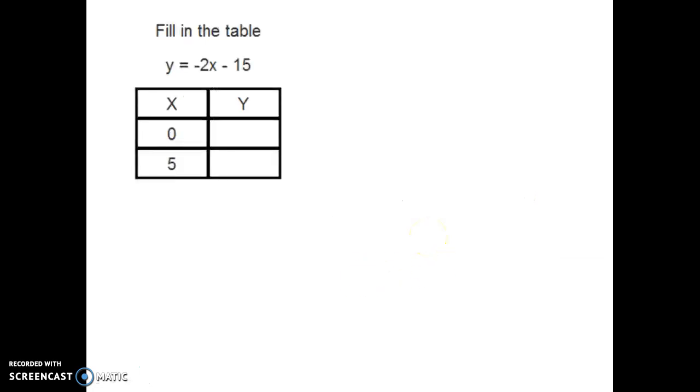Let's look at another example. Here we've been given inputs to use, and our rule is y equals negative 2x minus 15. We have y equals negative 2 times 0, which is our chosen input, minus 15. Negative 2 times 0 is 0, and then 0 minus 15 is negative 15.